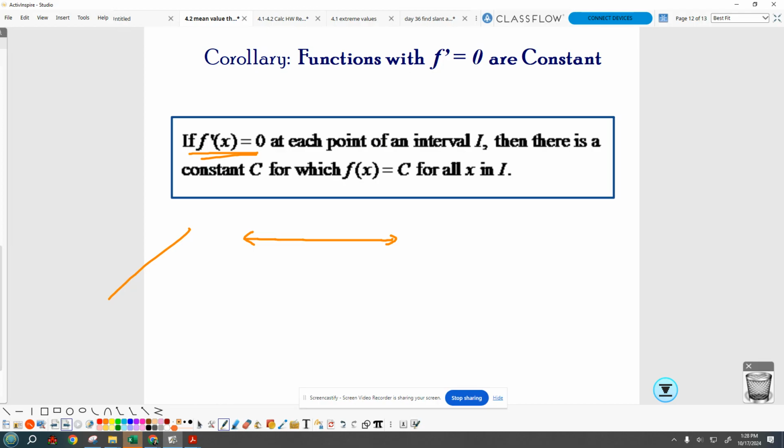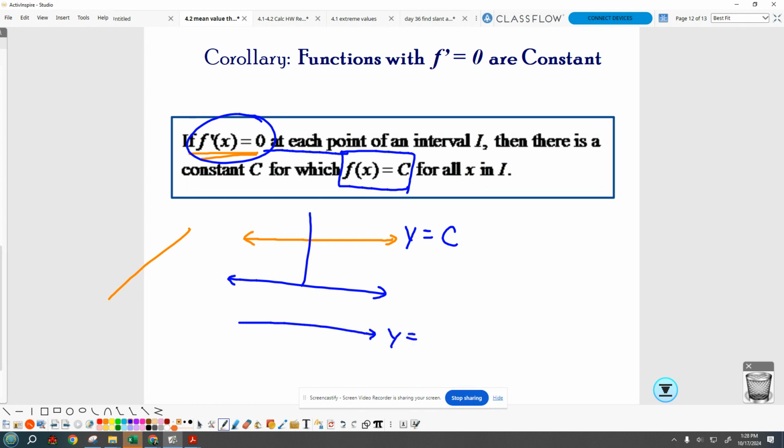For those of you already doing integration, this is trying to get us there. The derivative is 0, so the original function had to be some kind of y equals c. C could be negative 3. But if the first derivative is 0, gotta remember there's a constant.